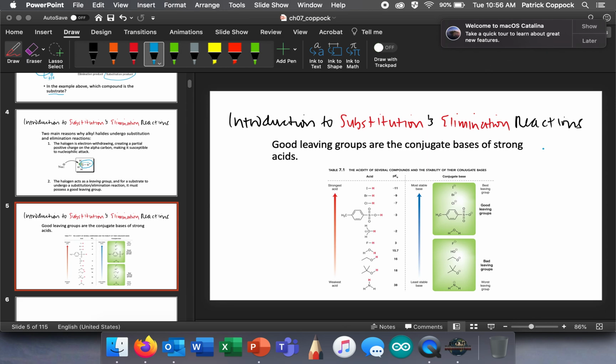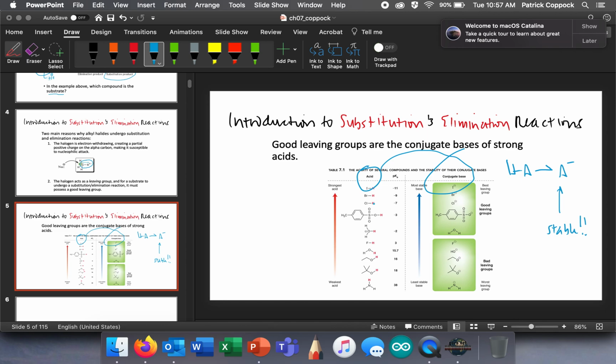And in chapter 3, we talked about acids and conjugate bases. Remember that? A good acid has a stable conjugate base. And so really this pKa table now gives us a list of good leaving groups.